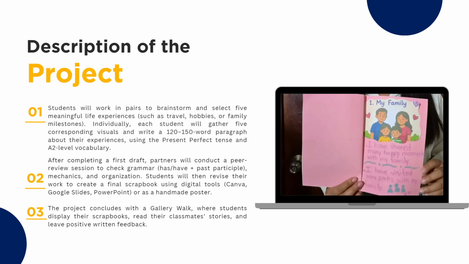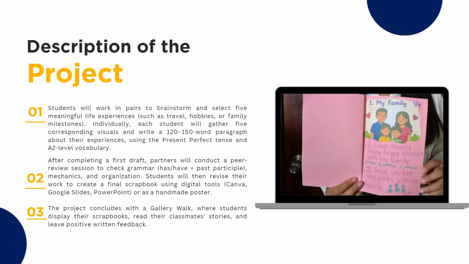After completing the first draft, partners conduct a peer review session to check grammar, past participles, mechanics, and organization. They revise their work based on the feedback received and create the final scrapbook using Canva or as a handmade poster.